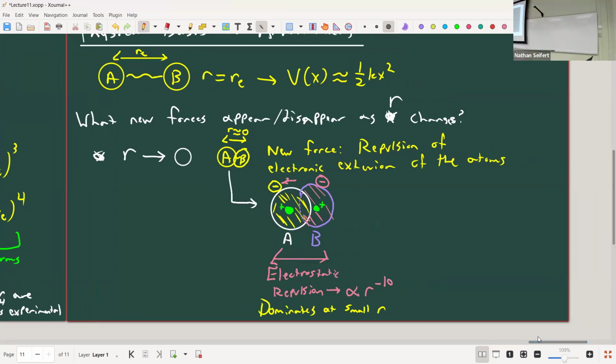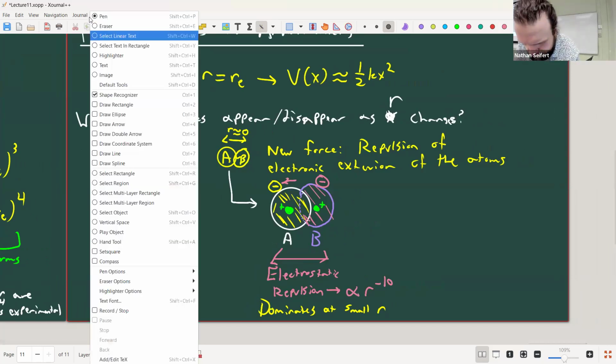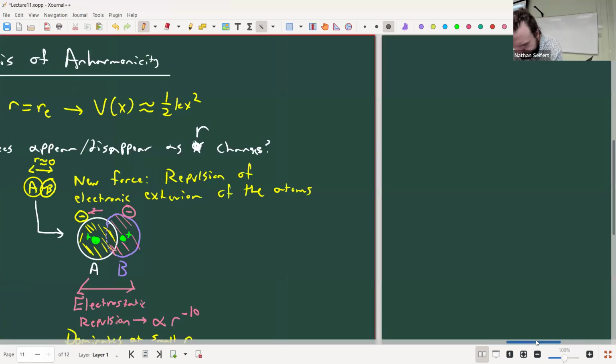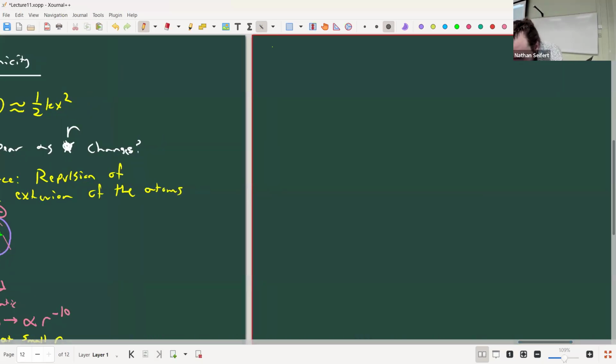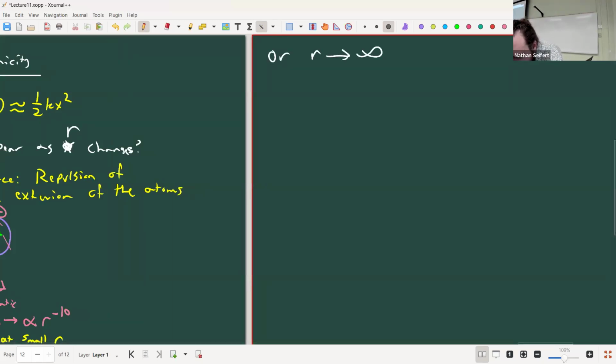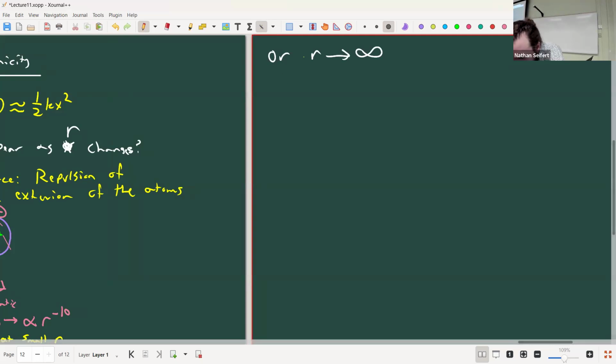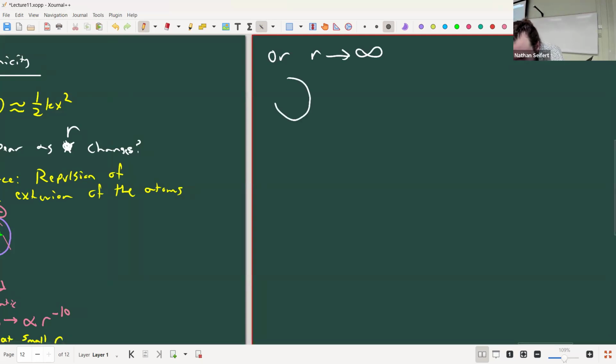Now, what about at the opposite distance? What about r goes to infinity, when the atoms are really, really stretched apart? Now you've got these two atoms.